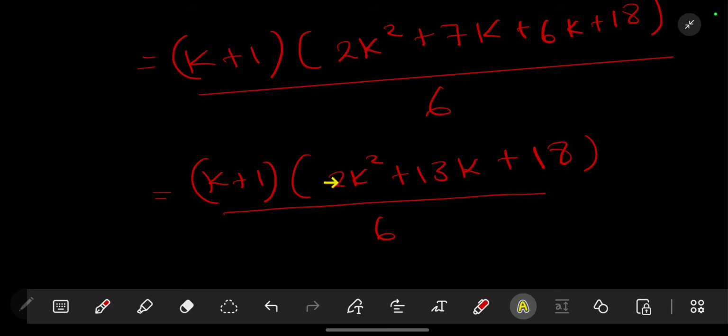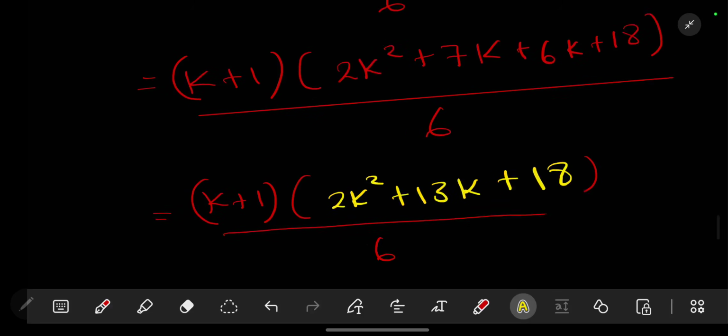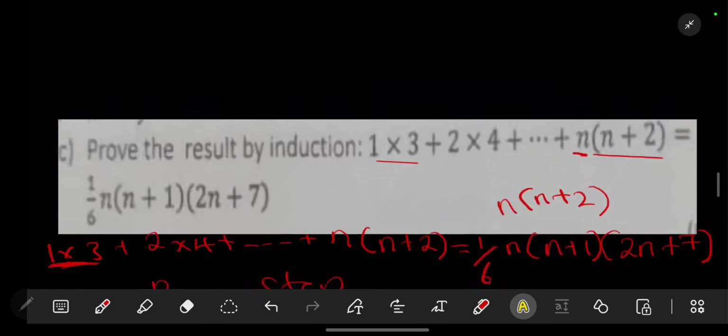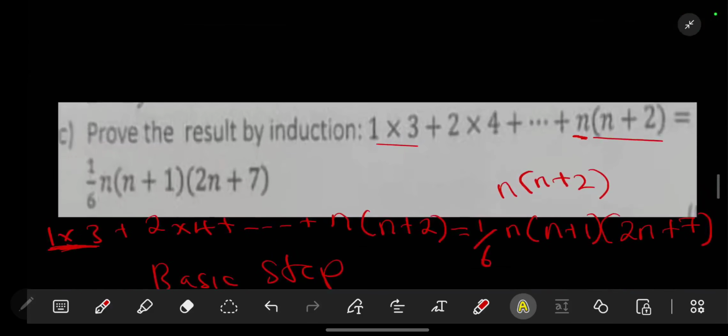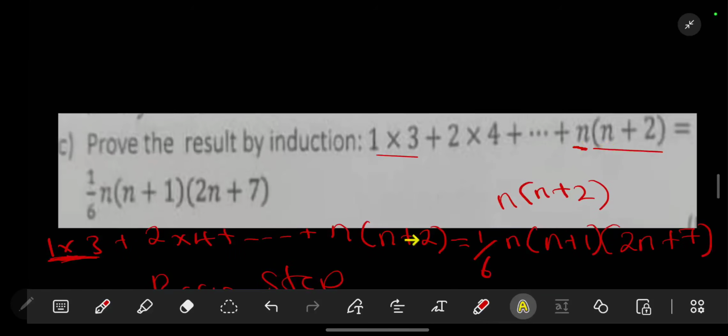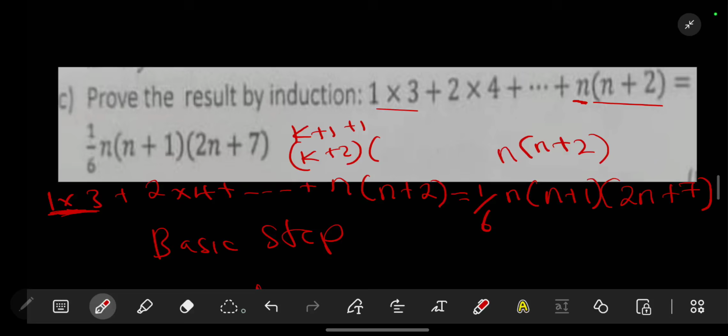Then what we are going to do is factorize this. Let me see if there's any easier way of just finding it directly. Looking at it, we just need to factorize.